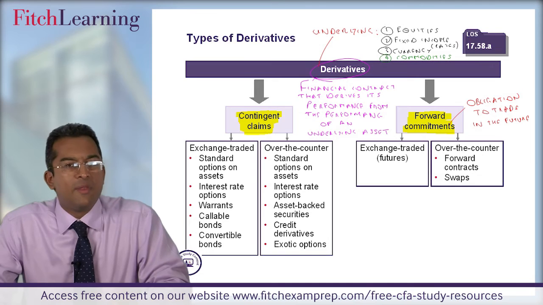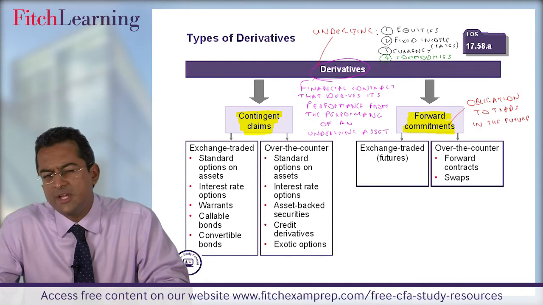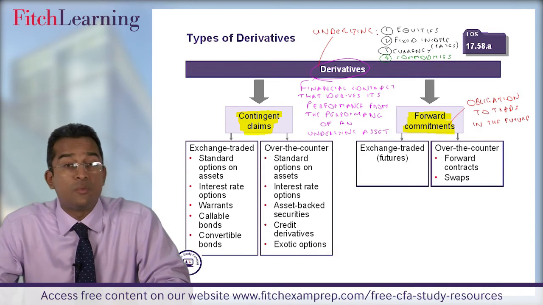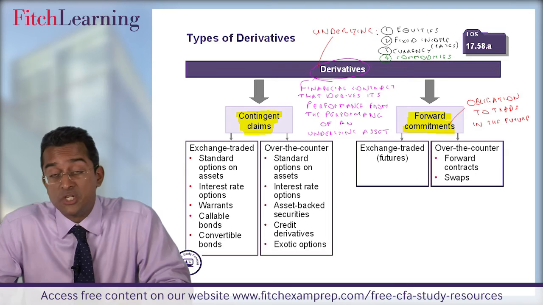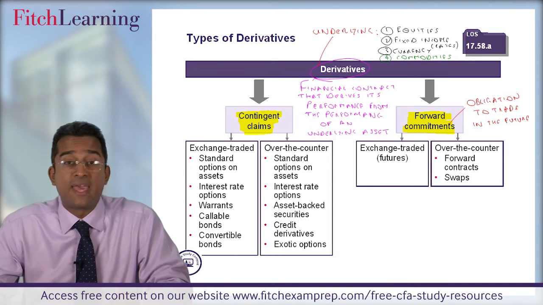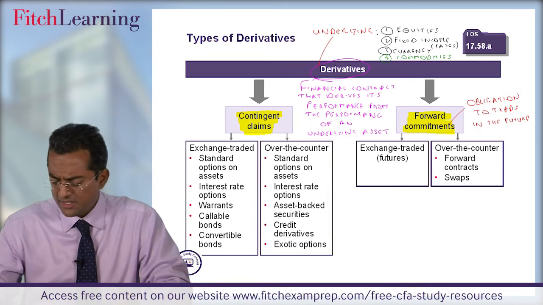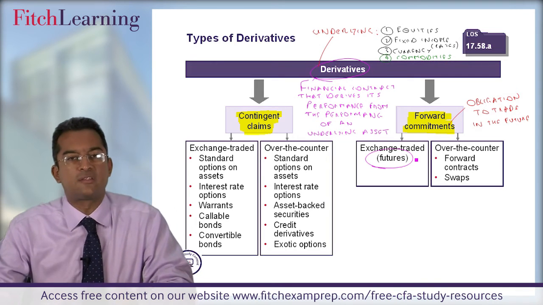And this obligation to trade can be found through an exchange-traded mechanism, where both buyer and seller conduct a trade through an exchange platform and then find themselves obligated to each other. In which case, if we say it's on exchange, one type of forward commitment you can see here is called a futures contract.